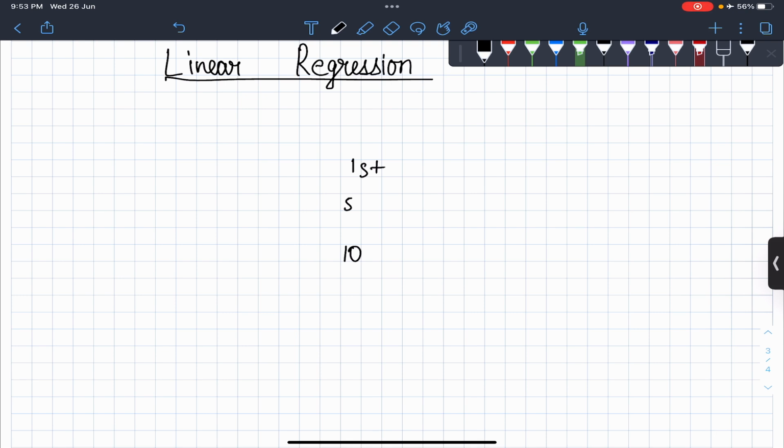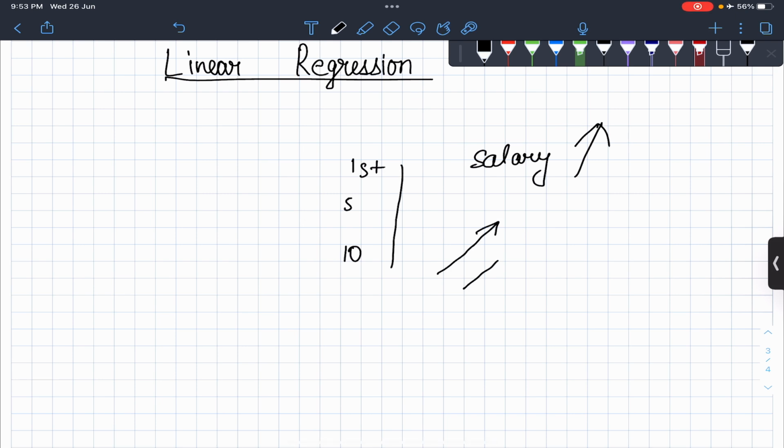It is nothing but your salary. Why? Because your experience is increasing in the company, and hence your salary will automatically increase. It won't stay the same, but it will increase.